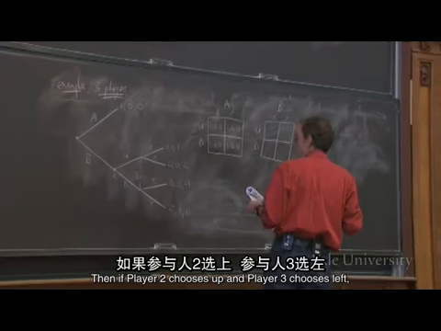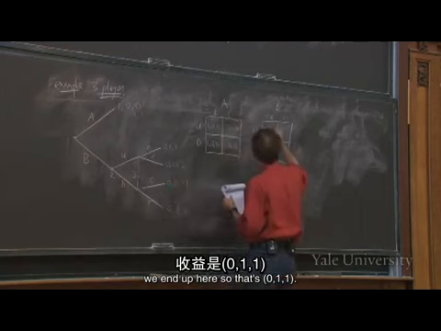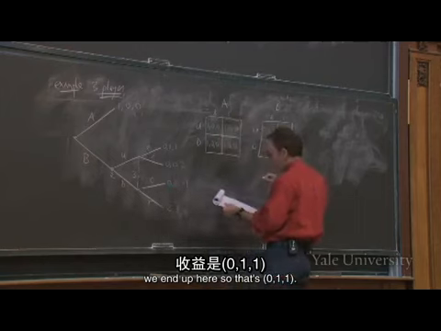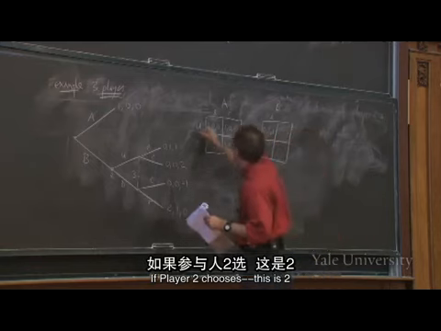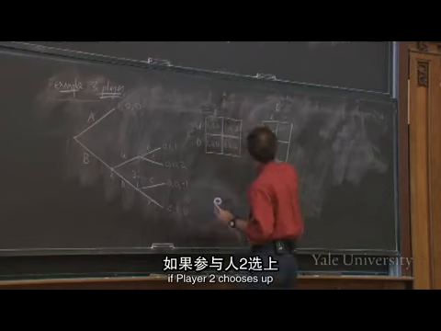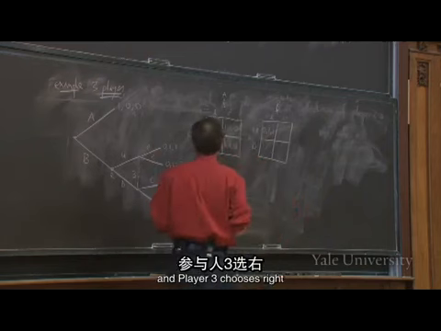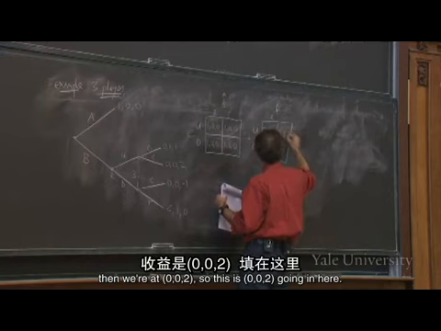Then if player 2 chooses up and player 3 chooses left, we end up here. So that's 0, 1, 1. If player 2 chooses up and player 3 chooses right, then we're at 0, 0, 2.